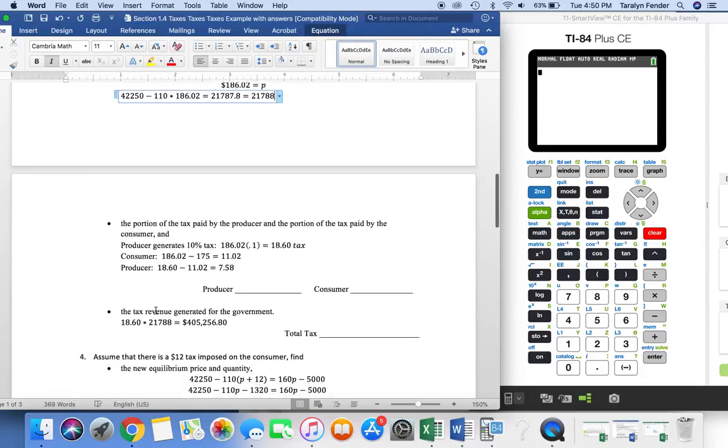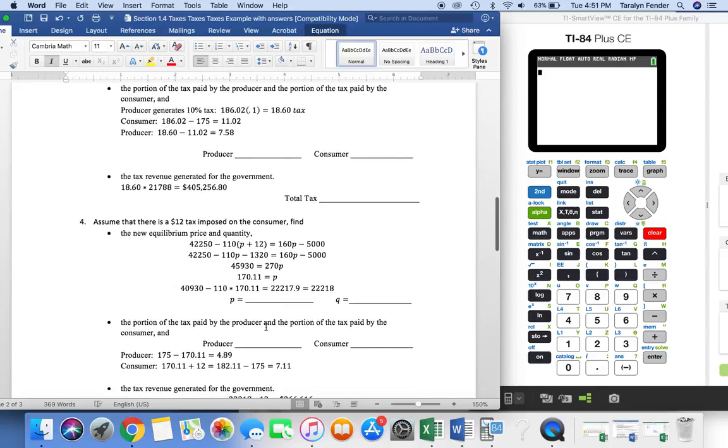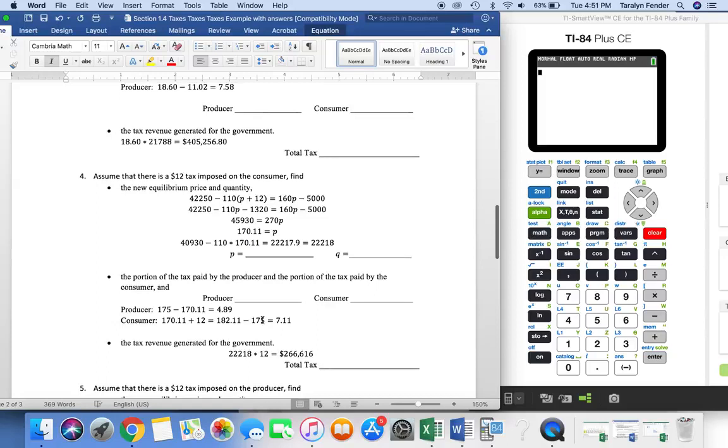The total tax revenue generated for the government will be the tax, $18.60, times the number of items, 21,788, which gives us an amount for the government, $405,256.80.